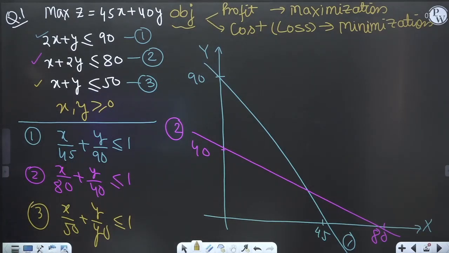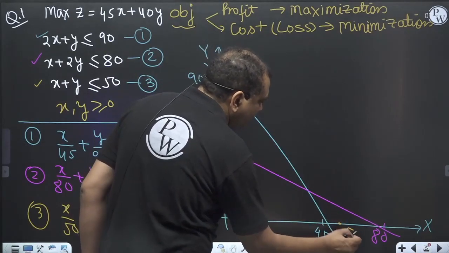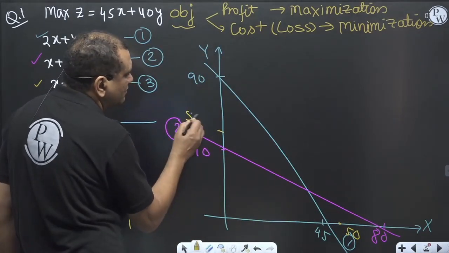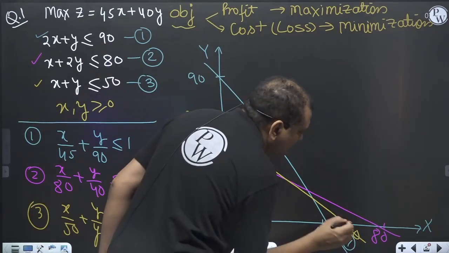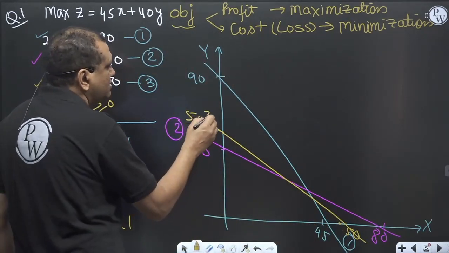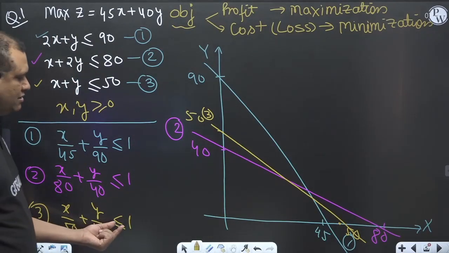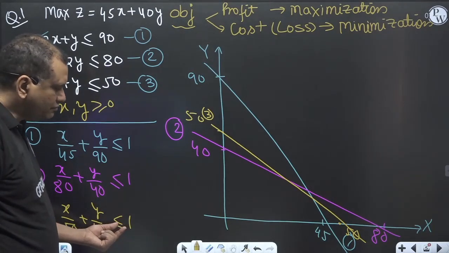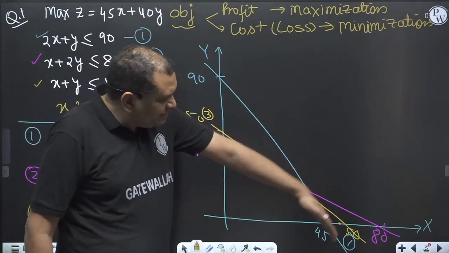Now let us plot this. Intercepts 50, 50, and my line is here. This is the third constraint. Because there is a less than or equal sign, the region will be towards the origin.